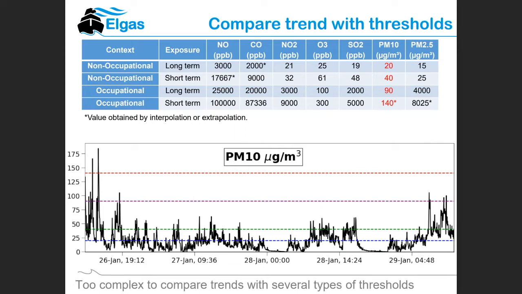We collected several thresholds from different literature, different legislations, and from different countries and organizations, and we tried to put all those thresholds together for the parameters we were analyzing, and this is the table I'm showing here.